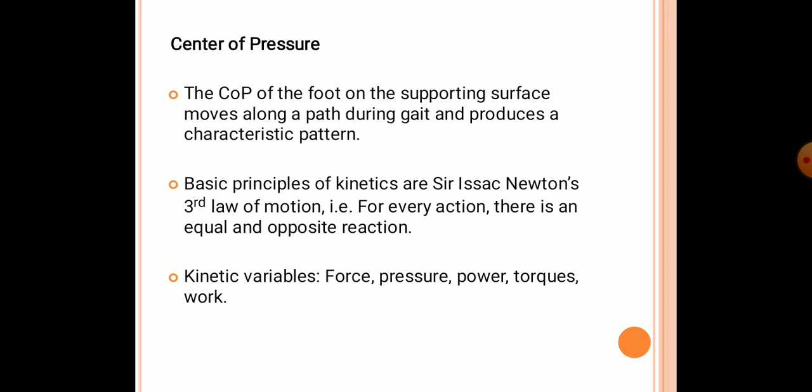It's on the supporting surface of the foot. If we go for heel strike, there is a particular point in the heel region which carries the maximum pressure to the ground. That's what we call the center of pressure.